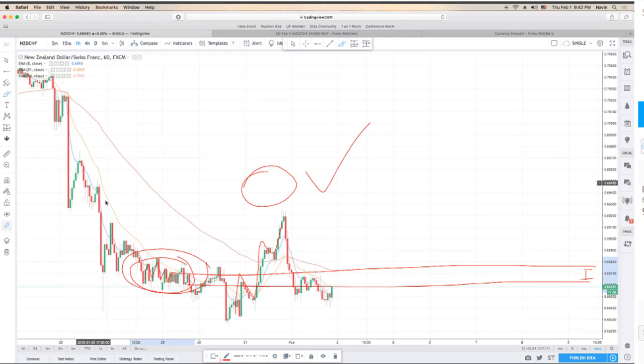When before it used to do 30, whoa, 50, 60 pips. If you're a trend trader and you're trying to do a trend around this area, you're going to have a problem. You don't have volatility, you don't have activity of the larger players, you're going to have a problem. Okay?